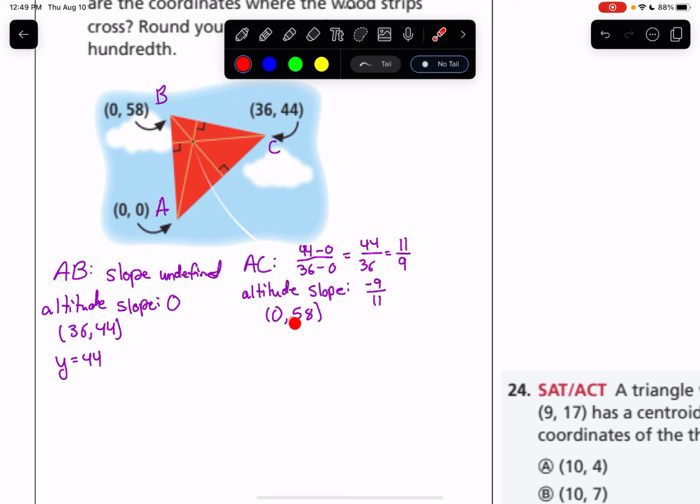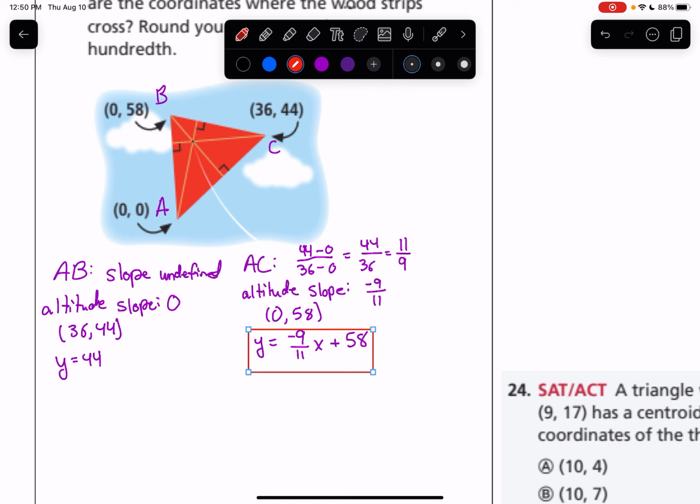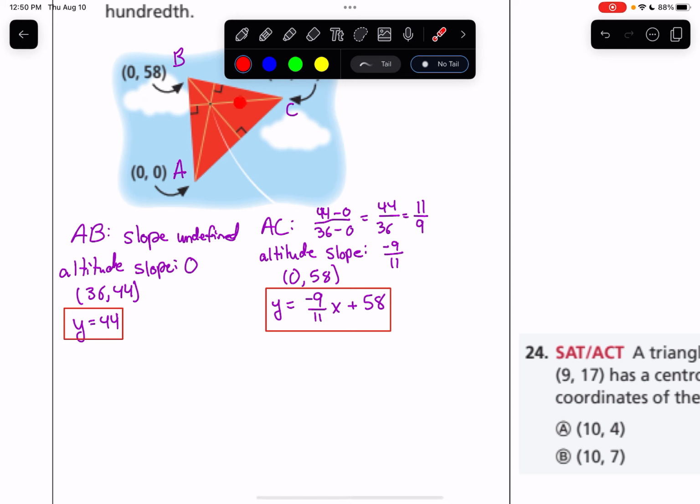So I can make this equation in y equals mx plus b by writing y equals negative 9/11 x plus 58. Normally, I would have to find the slope-intercept form or the point-slope form first, but I don't have to find the point-slope form first in this case because I have enough information. So those are my two equations of this line and this line.